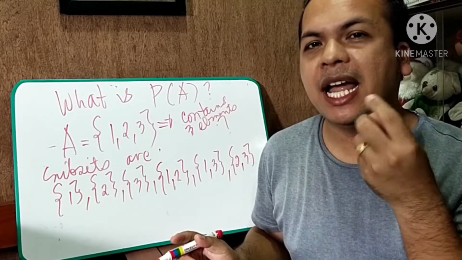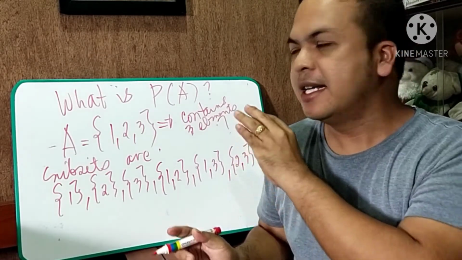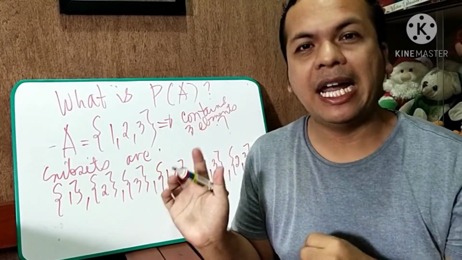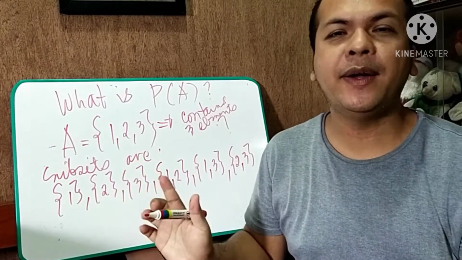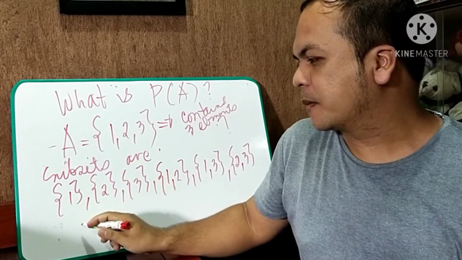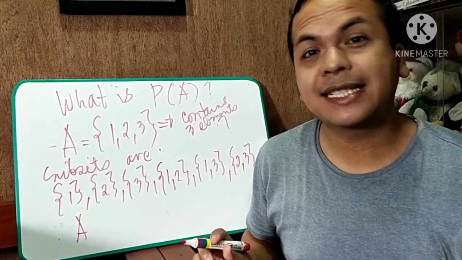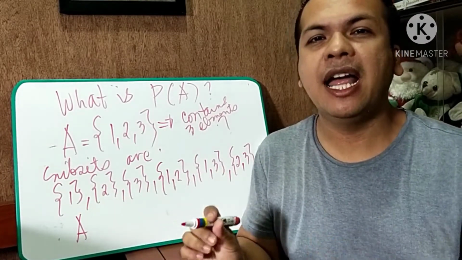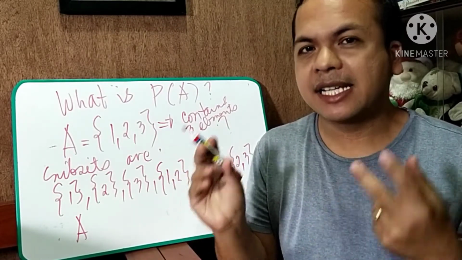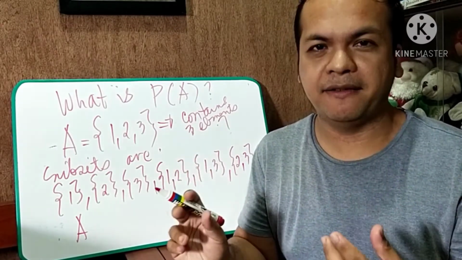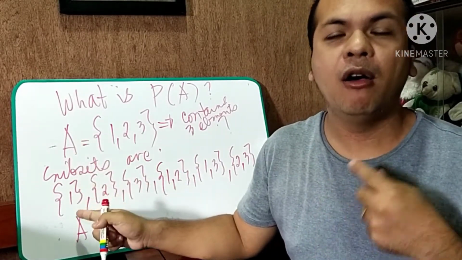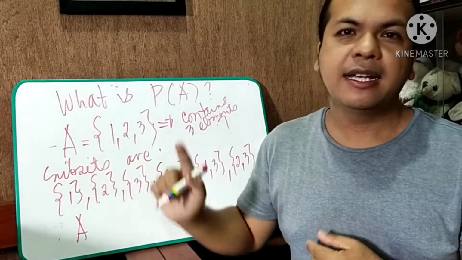We know that this set has 8 subsets, so we are still lacking 2. What are the other two subsets? It's A itself. We know that for any given set, the set is a subset of itself. So let's include A here as one of the subsets of itself.